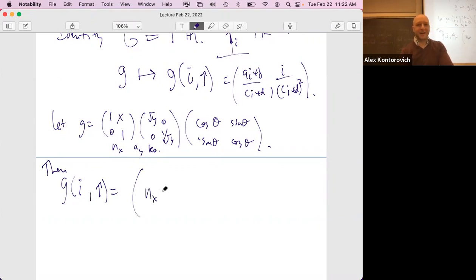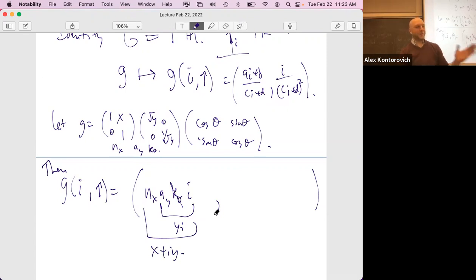Let's write this as N_x A_y K_theta applied to i, comma, something. K does nothing to i. A_y shifts i up by y, so this is yi. And then this whole thing is x plus i. We already knew this: we can move to anybody.